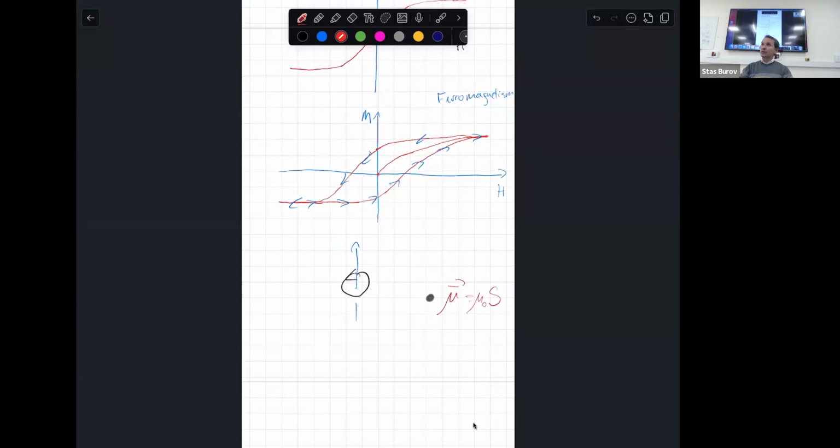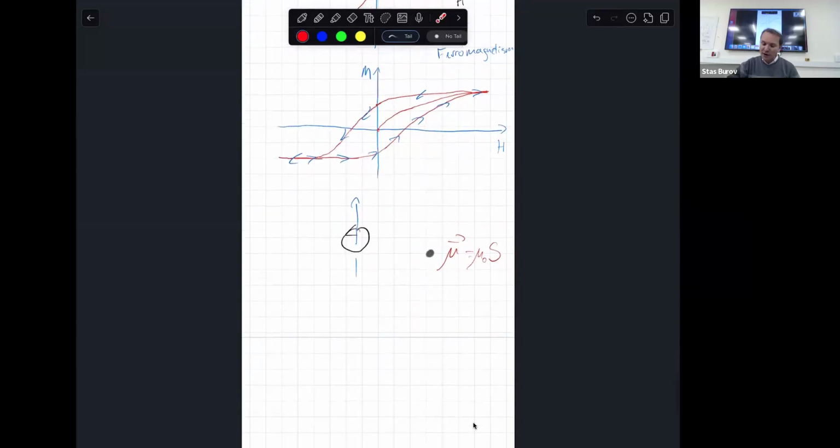But the directions of the spins are absolutely random, because these rotations can be absolutely random. So if I'm looking at a specific material, I will have a bunch of different spins in completely random directions.